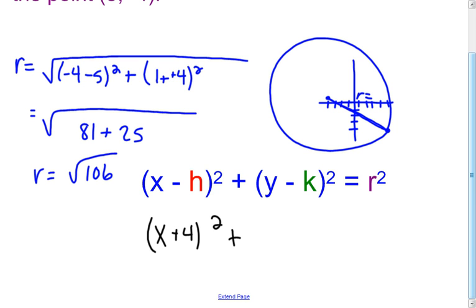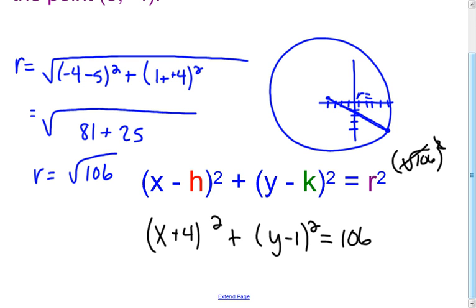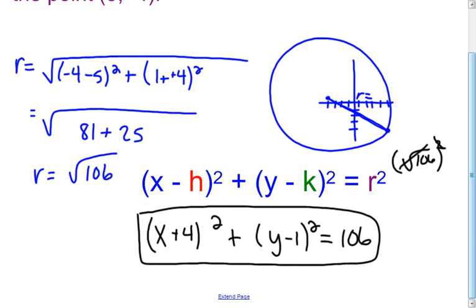And then y minus the y value of your center, which of course is 1. And then your radius is the square root of 106. But when I square the square root of 106, those two will just undo each other, and of course you will just have 106 right here. So this is one way. This is sort of the standard form of that circle.